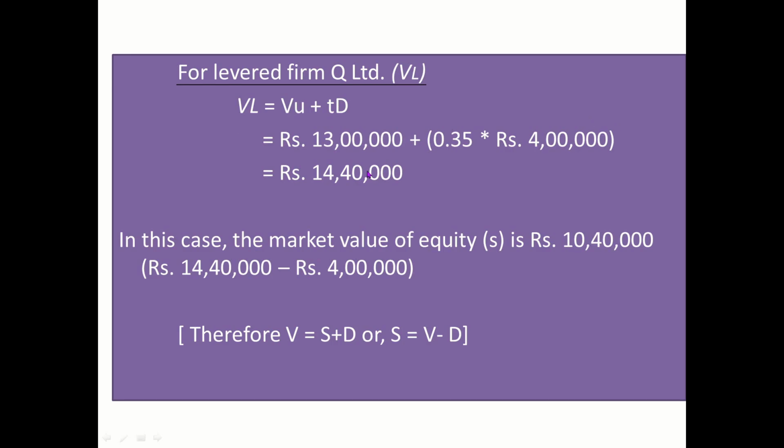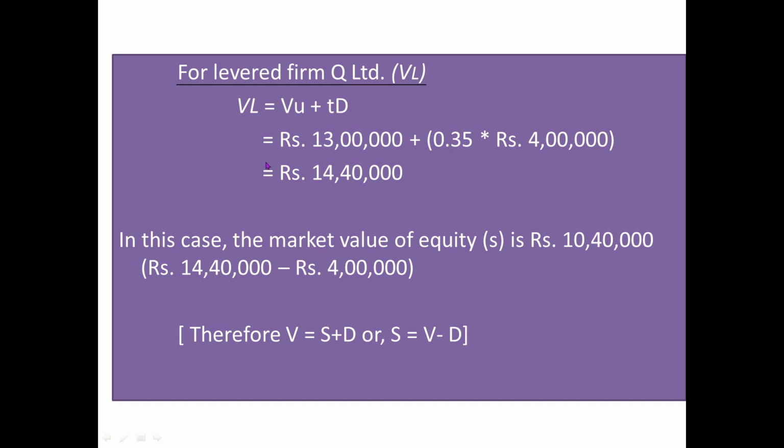So the value of levered firm comes to 14 lakh 40,000. Since the value of levered firm is more than the value of unlevered firm, the overall cost of the levered firm is less than the cost of the unlevered firm.